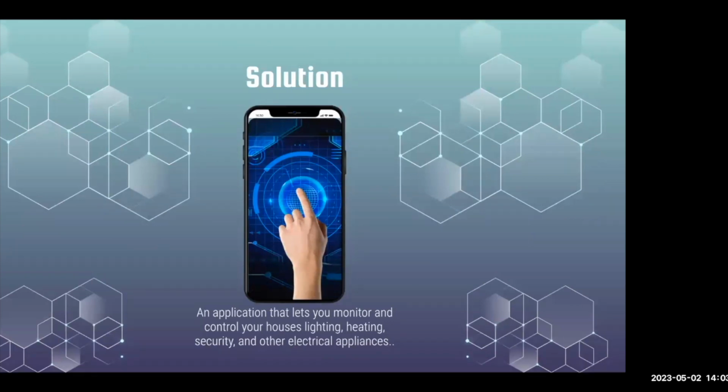My solution is an application that lets you monitor and control your house's lighting, heating, security, and other electrical appliances so that you can manually shut it off whenever you leave home to go on vacation. The app would also incorporate machine learning to learn from how much you use those appliances, so it could optimize it and turn it off or reduce it whenever you're sleeping or not using it.